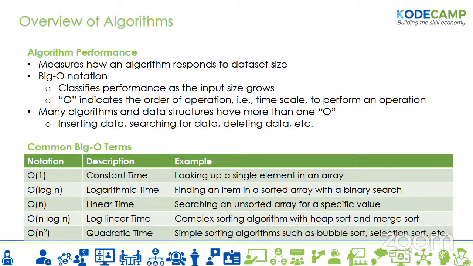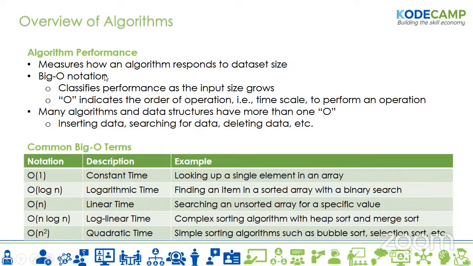However, if the data set is small, the algorithm does very well or performs just as others. So that's what we mean by responding to the data set size. Depending on the size of the data, the algorithm may do well or not do well. So that's what we're talking about, algorithm performance.